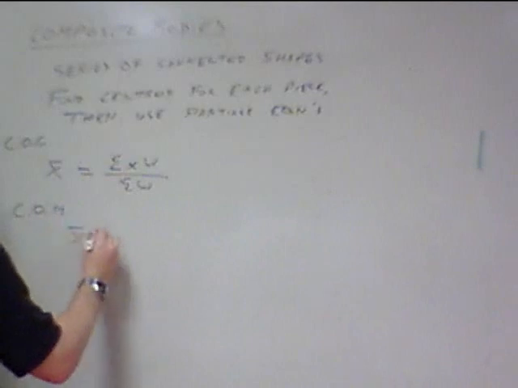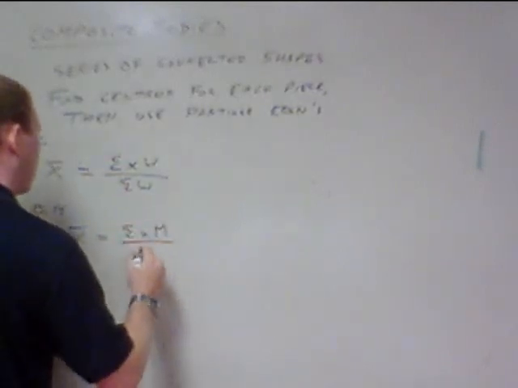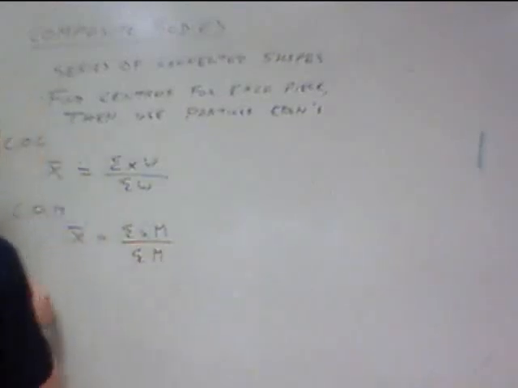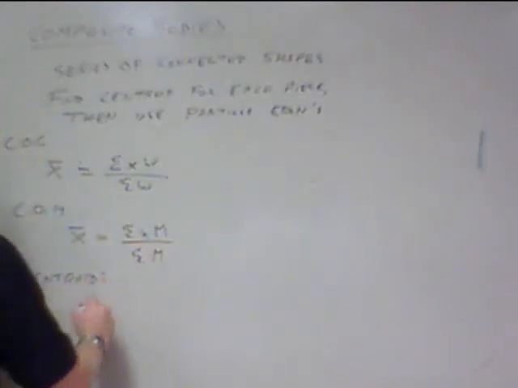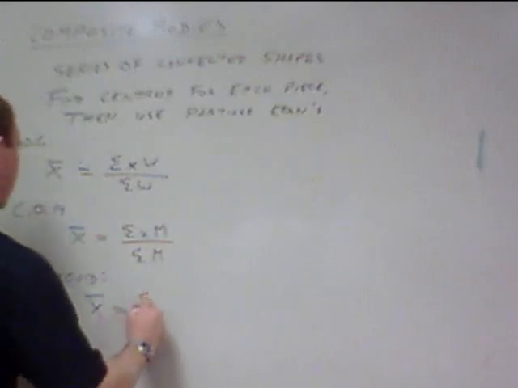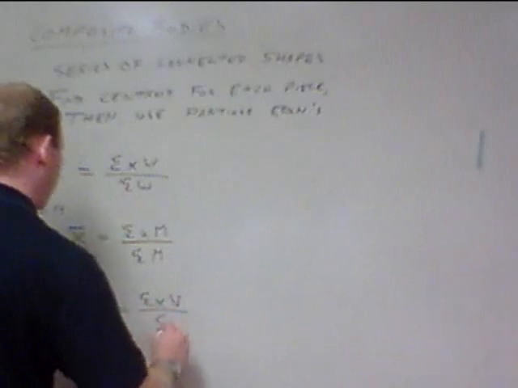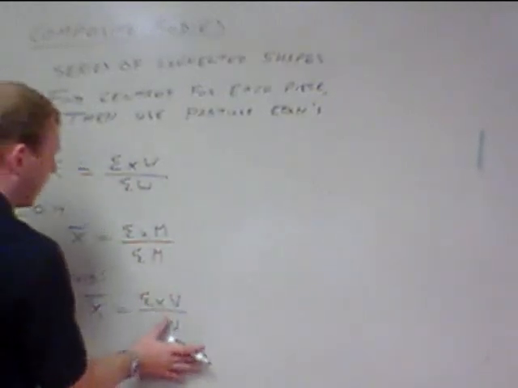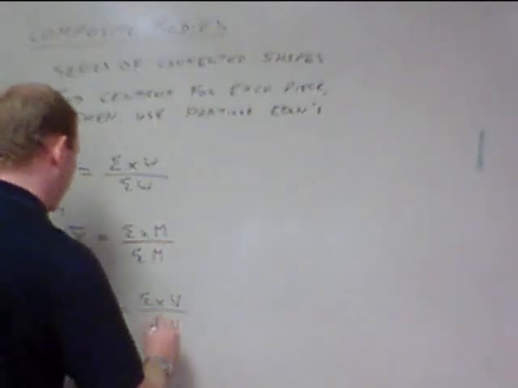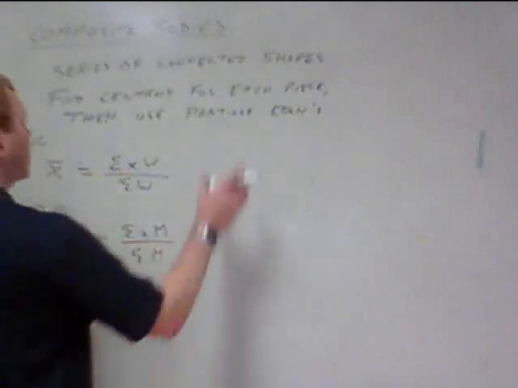We have x bar equals the summation of x times the mass of each particle over the summation of masses, or for the centroid, x bar is equal to the summation of x times the volume over the summation of volume. In 2D, that would be area. In 1D, that would be the length. All right, so it works the same in each case.